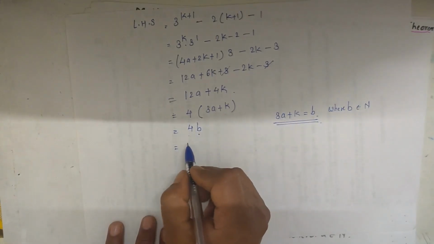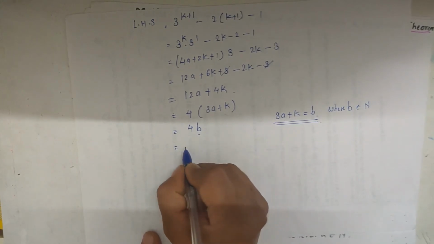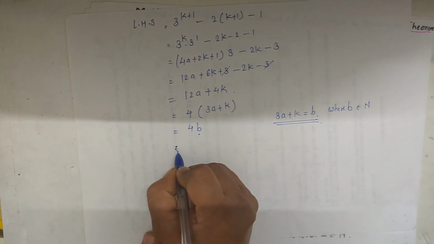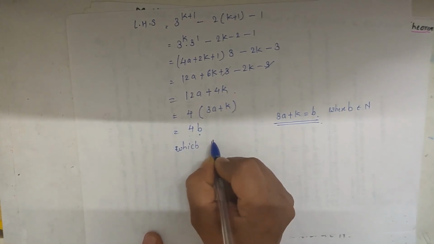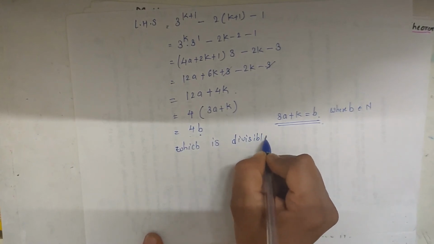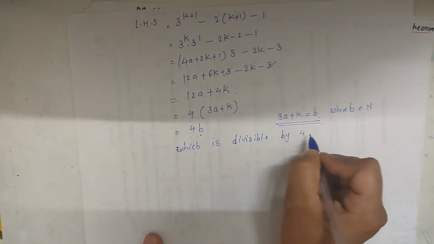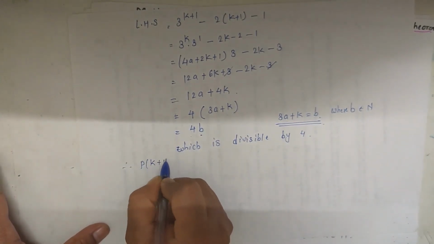That is the RHS of the statement P of k plus 1, and hence it is divisible by 4, and therefore P of k plus 1 is true.